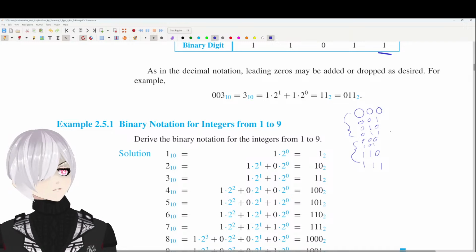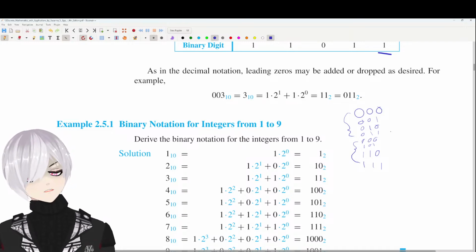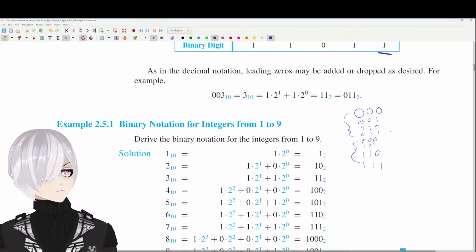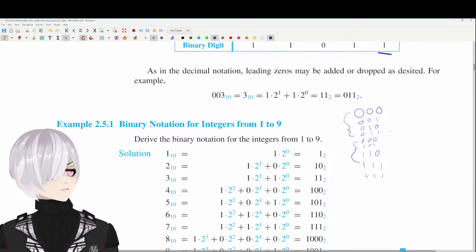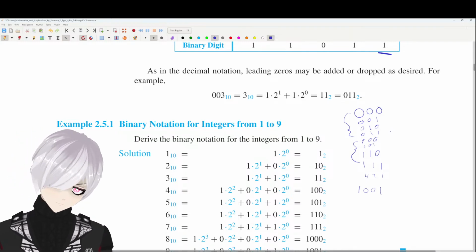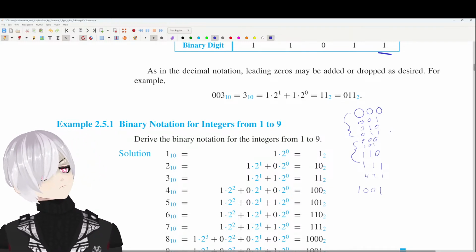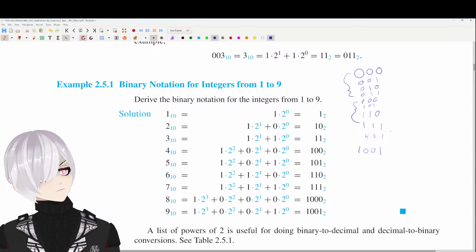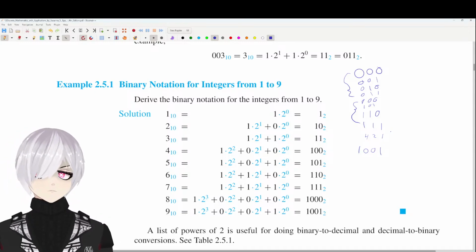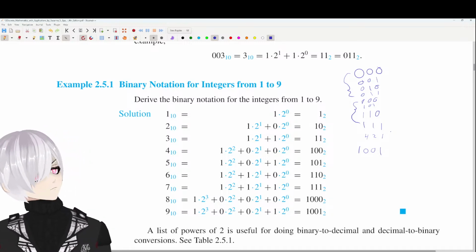Wait, because wouldn't this be 1, 2, 4? So this would be 7. So to get 9, I have to do that, I believe. Okay. Or, let me see. Yeah, exactly.